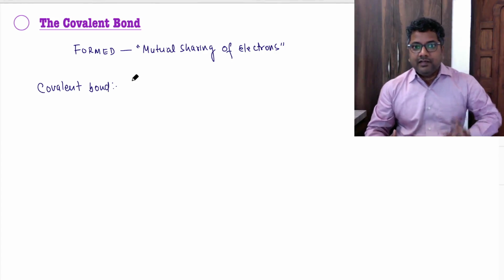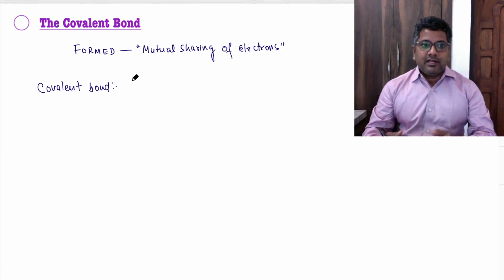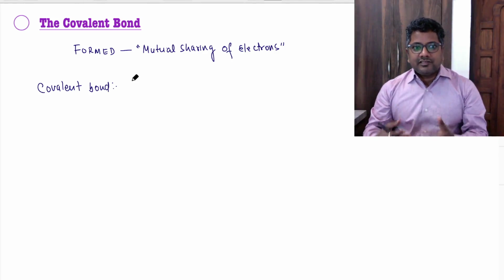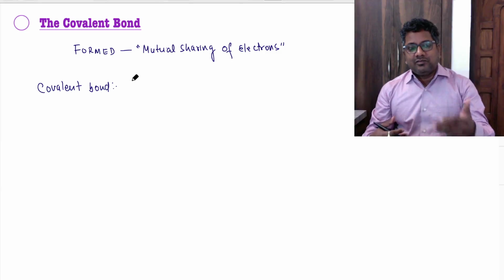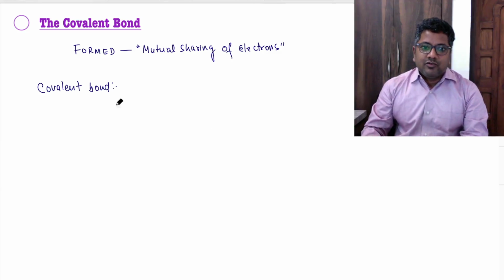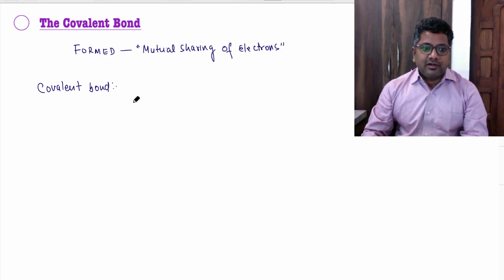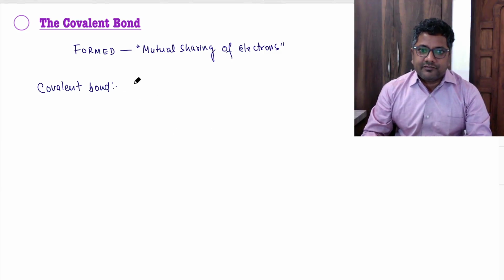In ionic bonding, the bond is the electrostatic attraction, so you cannot say covalent bonds are similar to ionic bonds. A covalent bond is defined as the shared pair of electrons.